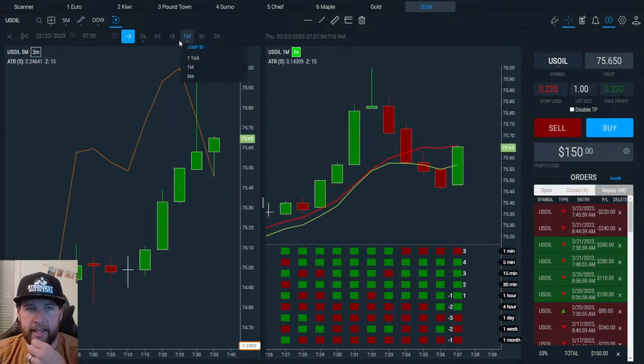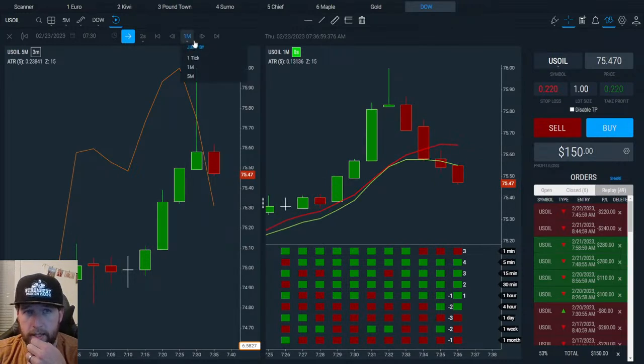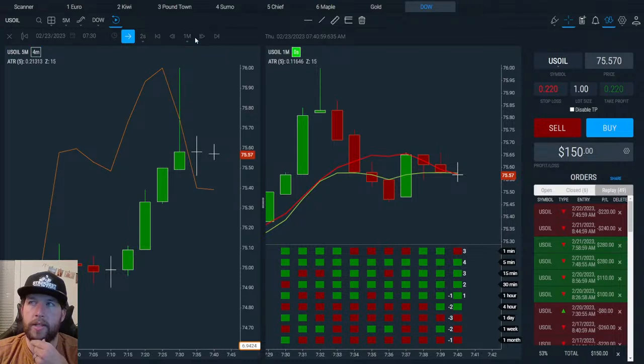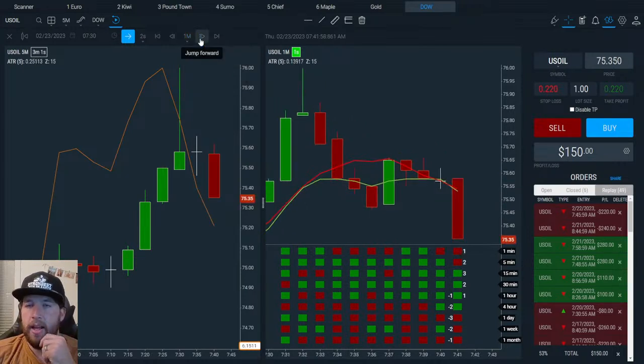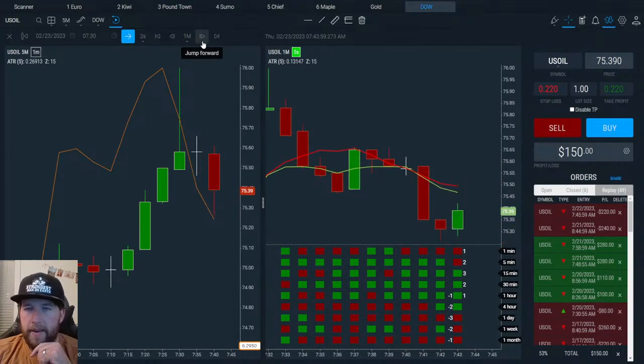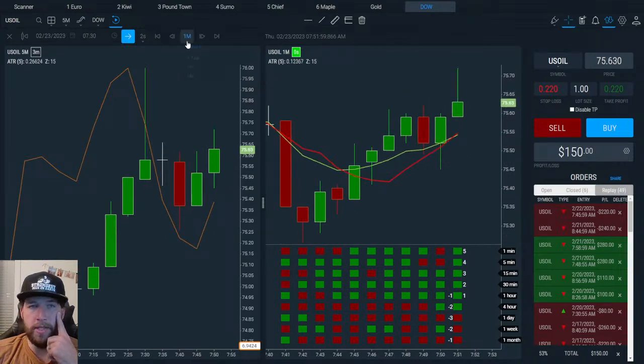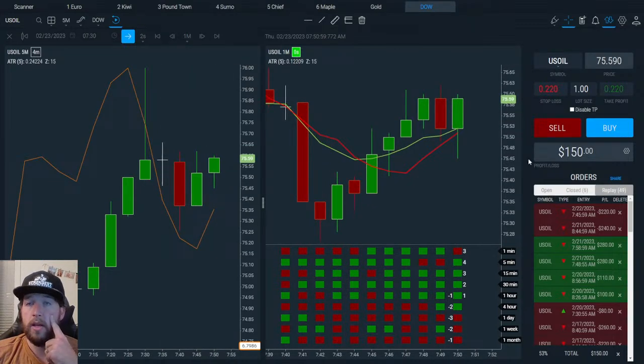Because if you take the element of nuance out, or take away the less than precise ability to draw perfect trend lines or whatever, if you take all those variables out, then you're actually able to go back and find out what your exact win rate is, which is exactly what I'm doing and working on right now.